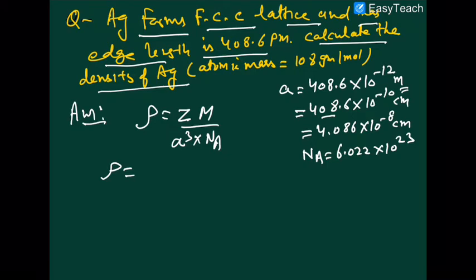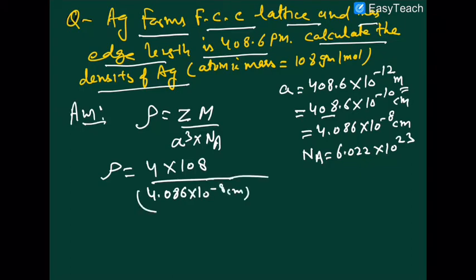So it comes out to be 4 into 108 divided by A cube, that is 4.086 into 10 power minus 8 centimeter cube, into Avogadro number.